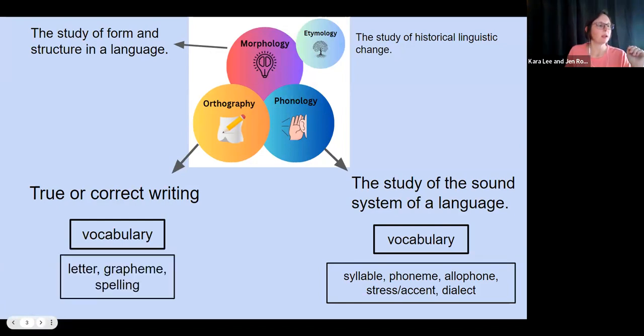Yep. Certainly the term letter has to do with orthography. Grapheme definitely has to do with orthography. And then also just spelling. Sometimes we say orthography, like a language's orthography. Sometimes we use that to just refer to the spelling system.